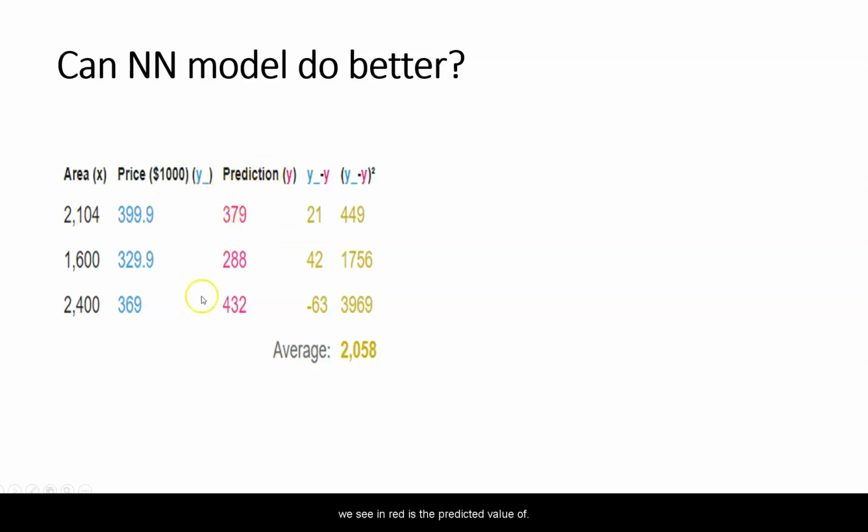So this, what we see in red, is the predicted value of Y.